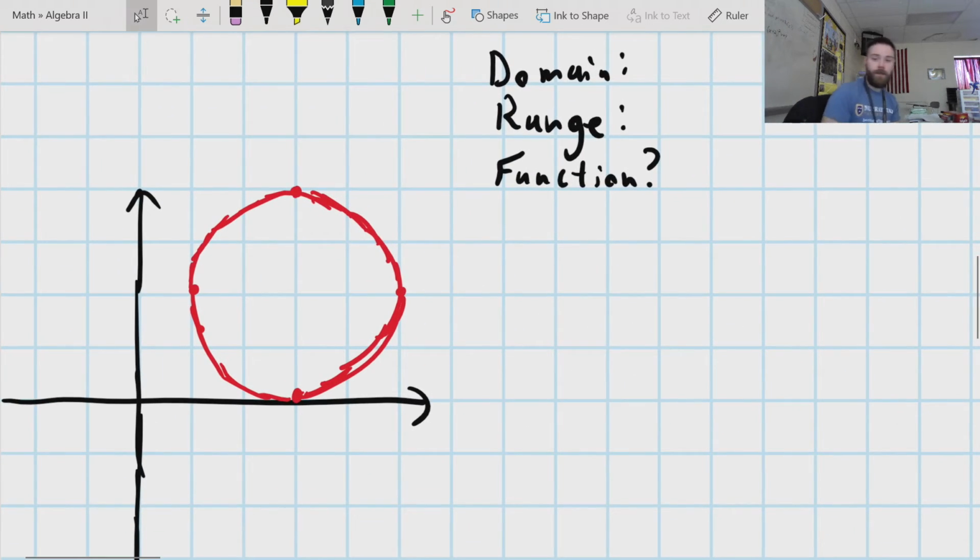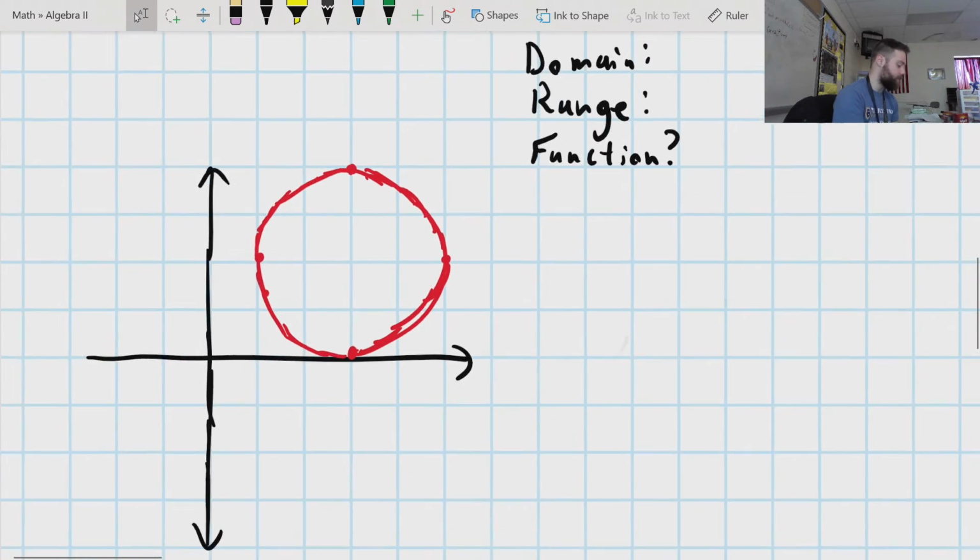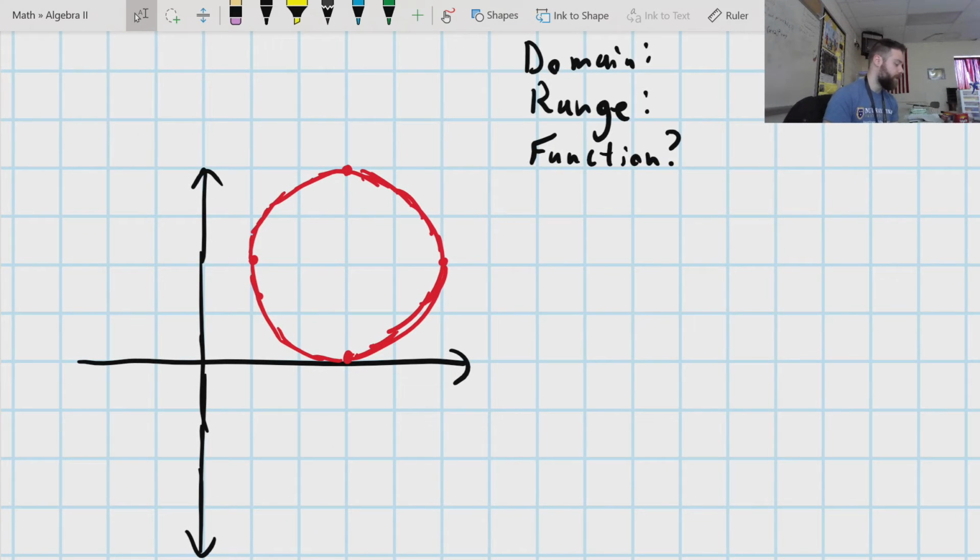Something to talk about is this next graph. Right away, if you're familiar with the vertical line test at this point, you should be able to tell that this is not a function. If I draw a vertical line in, I will hit more than one point. So this relation is saying that x maps to 2 points, and I can't have an input with 2 outputs.